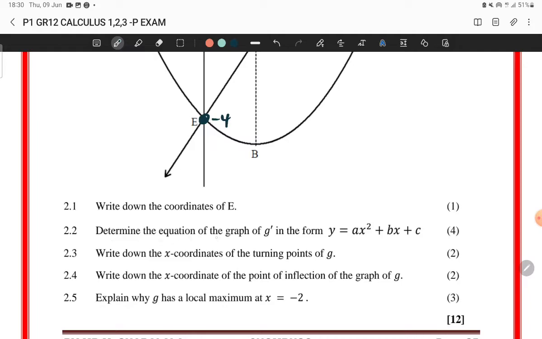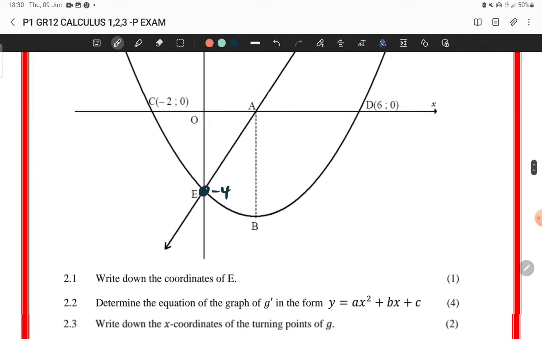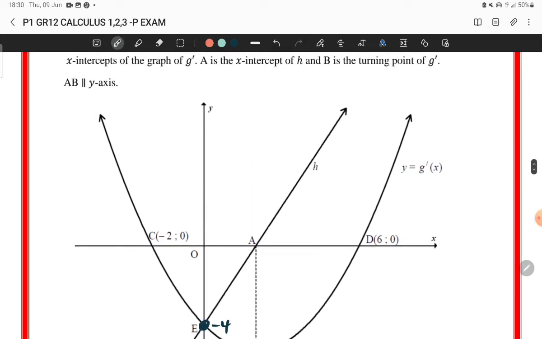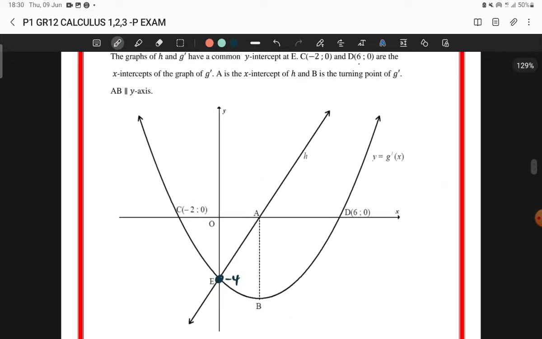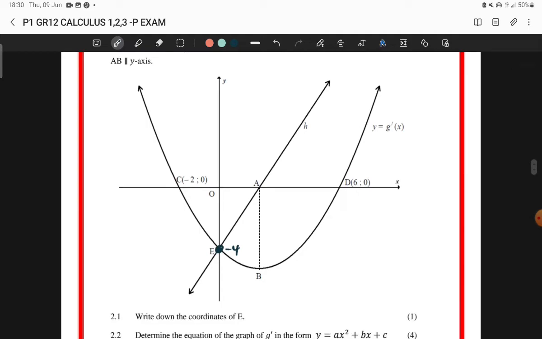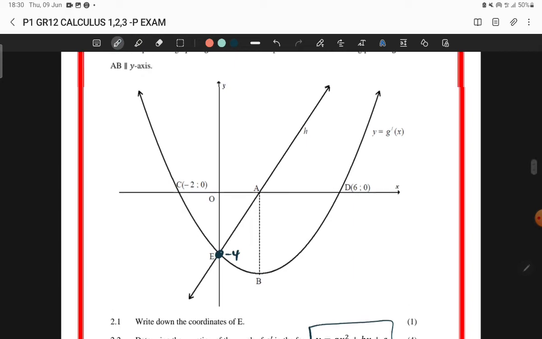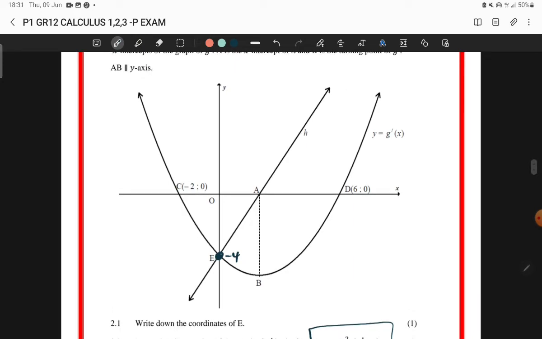Determine the equation of graph g prime in the form y is equal to ax squared plus bx plus c. Then you will just remember this is just a parabola. And how do you determine the equation of the parabola when you are given this information? Here we have 2 x-intercepts and one other point.